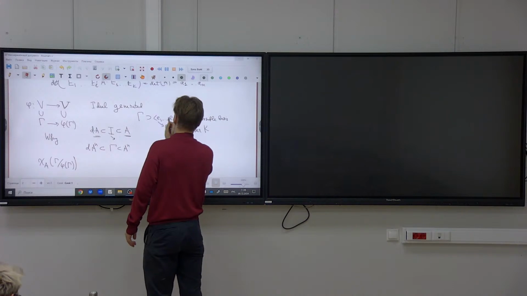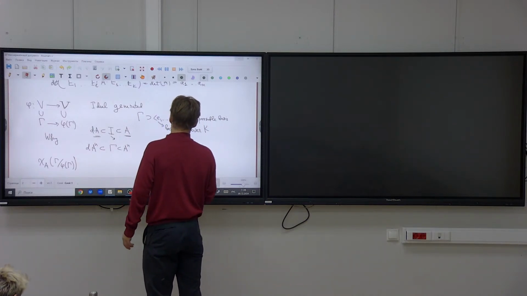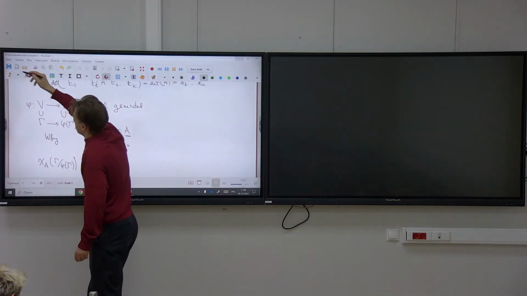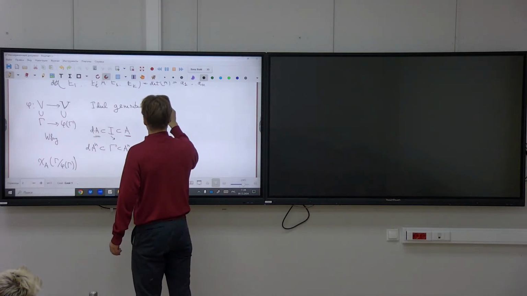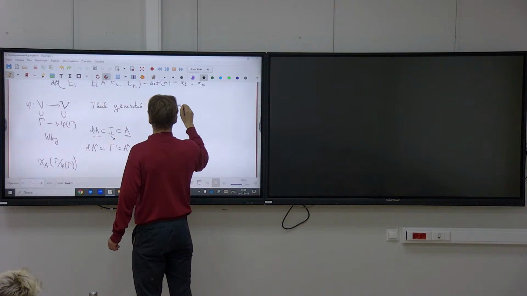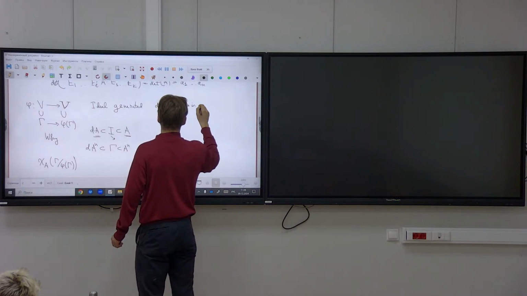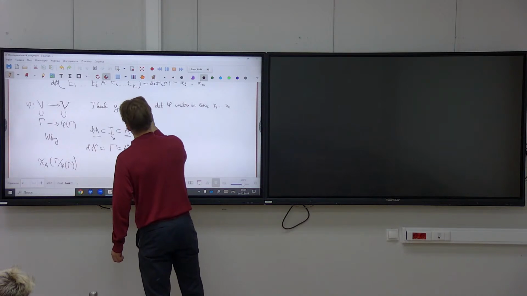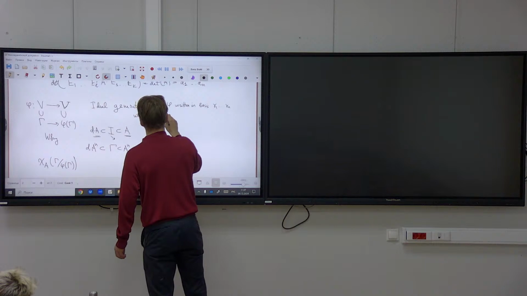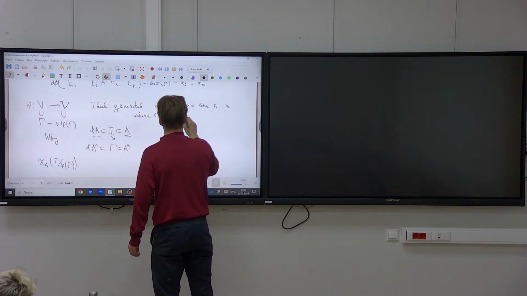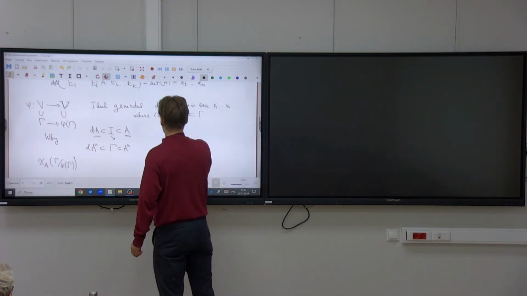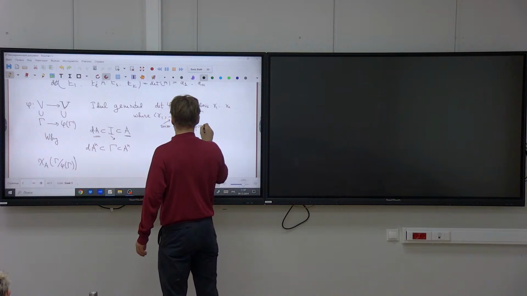So this ideal is generated by determinants of phi written in bases gamma 1, ..., gamma n, where gamma 1, ..., gamma n runs through the lattice generated by gamma 1, ..., gamma n over A sitting inside gamma, so we run over all possible collections.